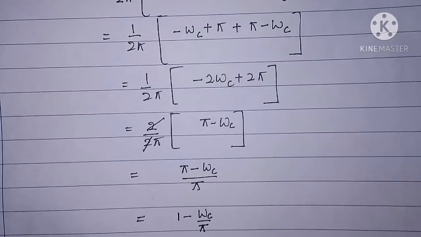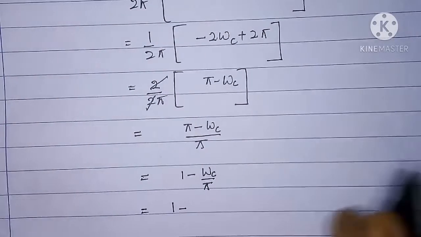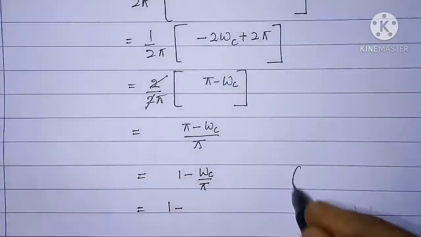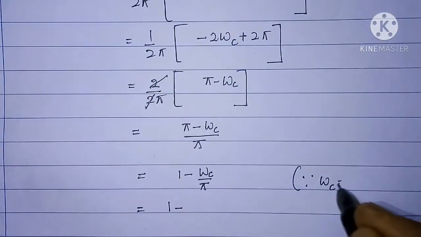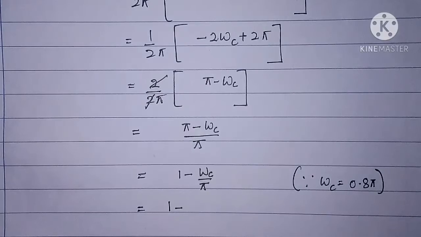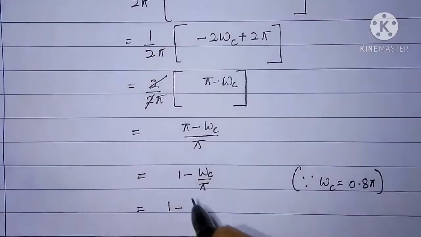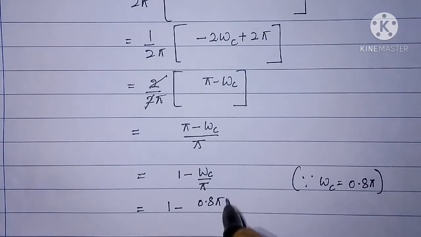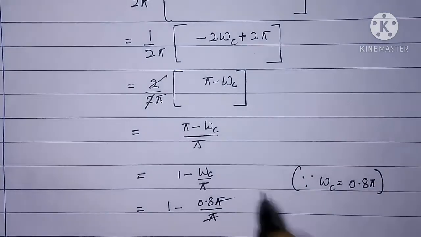That is 1 minus omega c value is given to us as 0.8 pi. 0.8 pi upon pi, pi and pi will cancel.